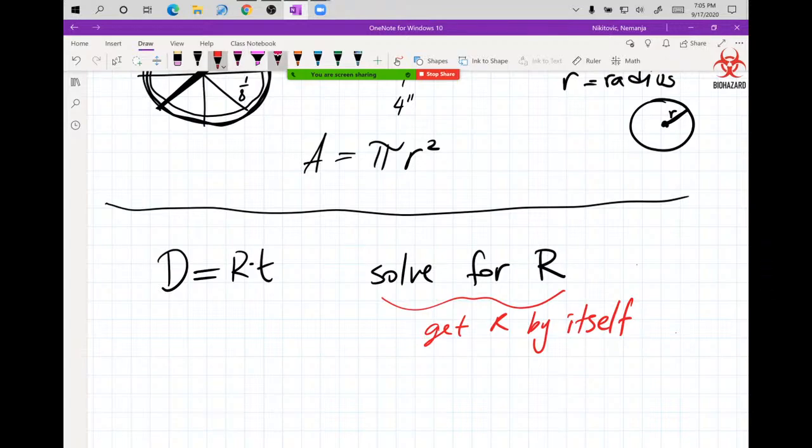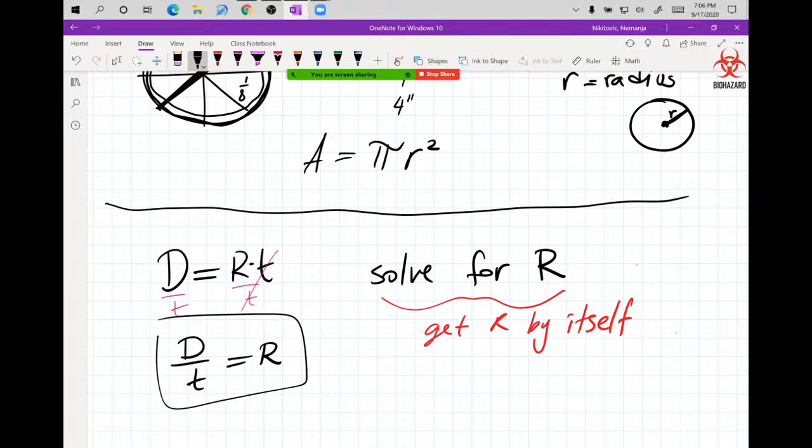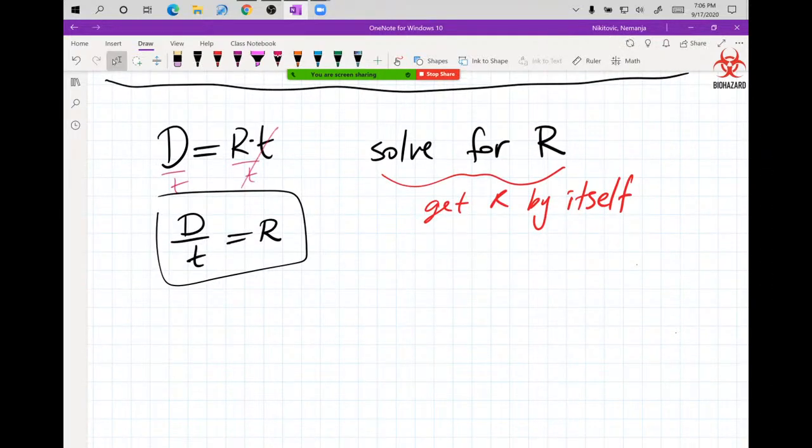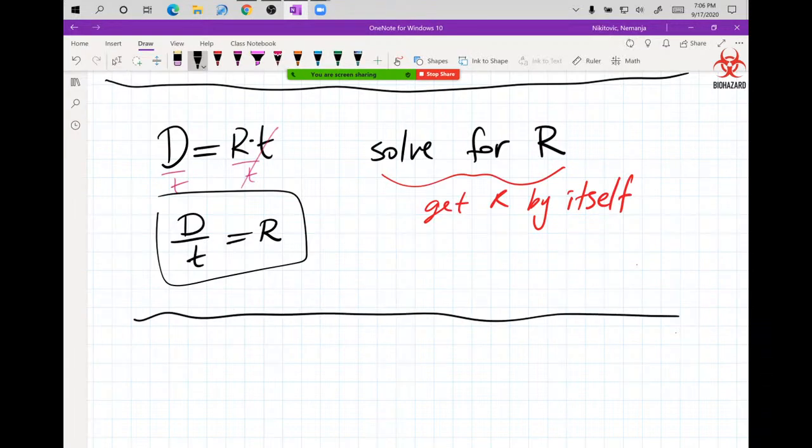So your job is to divide both sides by t, because t is the one that's bothering R. And once you get t to the other side, R is alone, and there you go. You solve the equation for R.